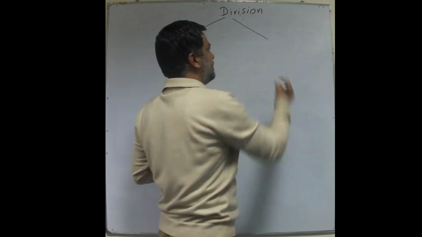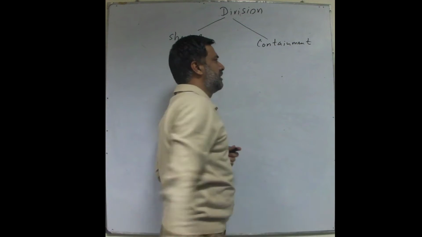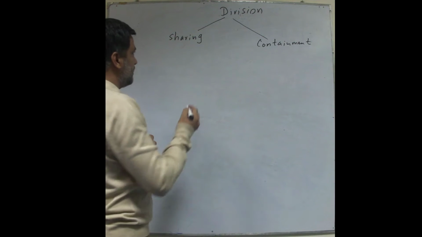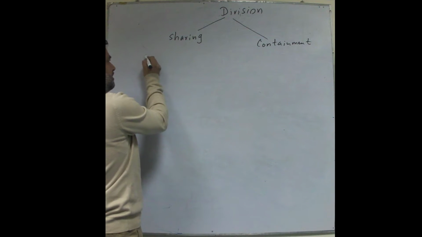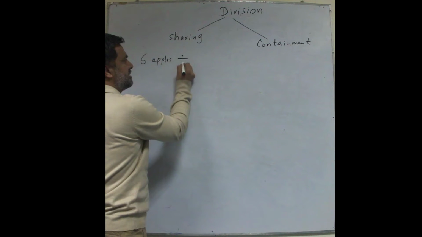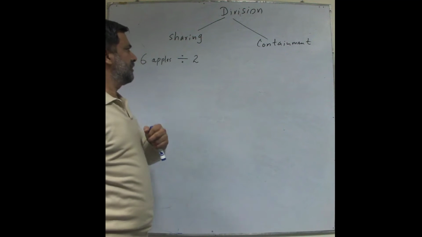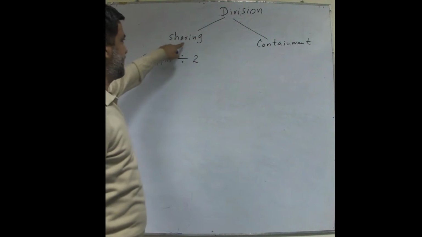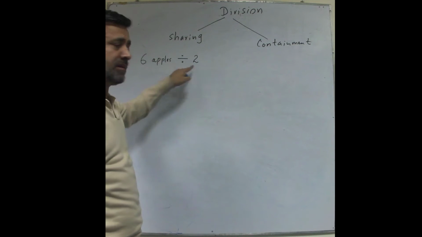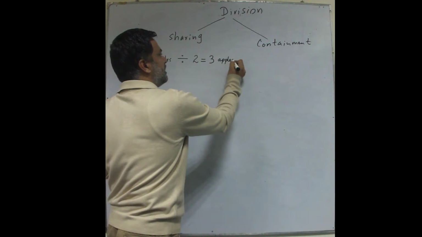And the other interpretation was containment. Just to give one example of each, by sharing we mean that if you have 6 apples and you divide this by 2, the sharing interpretation means that 6 apples shared among 2 persons will give 3 apples to each person.